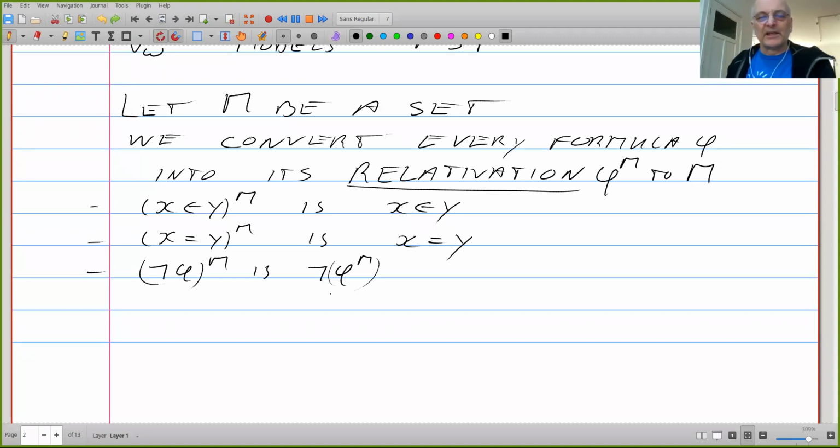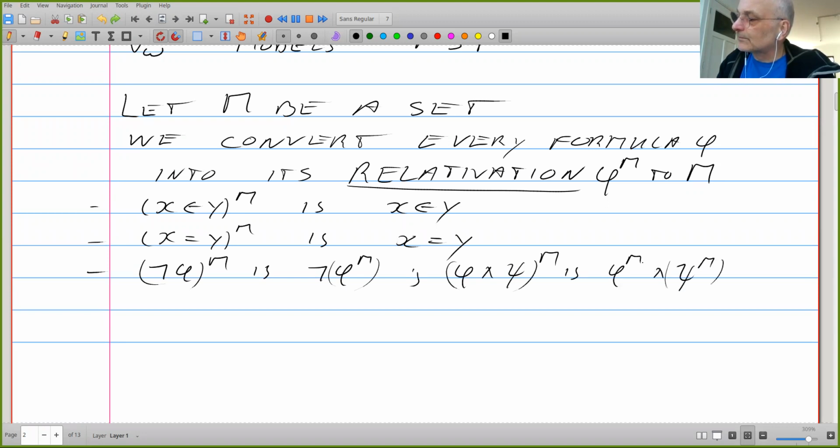And if you want to keep everything syntactically correct, you add a few parentheses here and there, but we leave most of the parentheses out for readability. And you can do this for all the symbols, but you can also say, well, I know it for the negation, I know it for the conjunction, therefore I know it for all the logical symbols, because I can express these in terms of negation and conjunction.